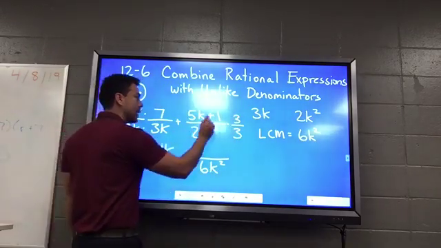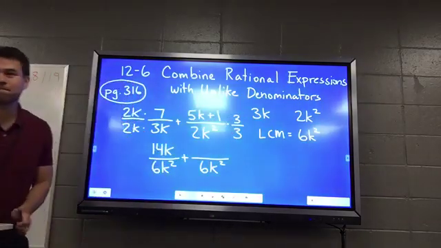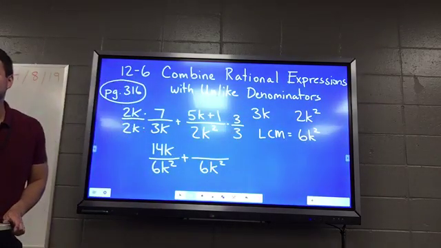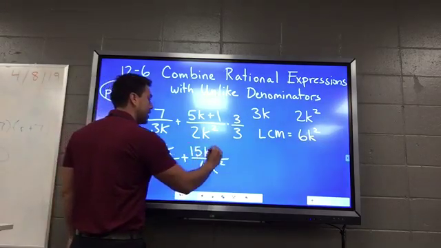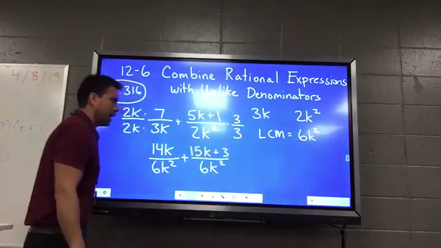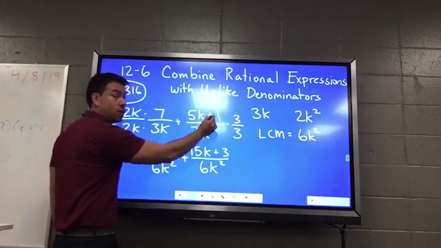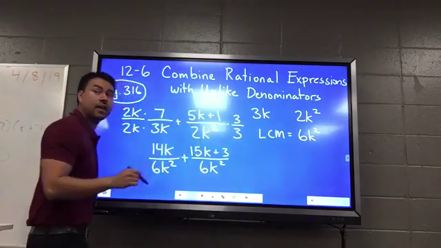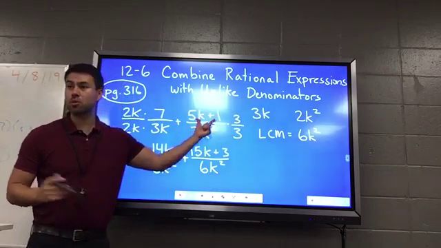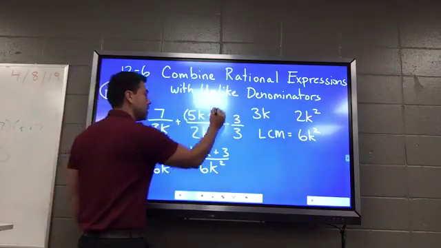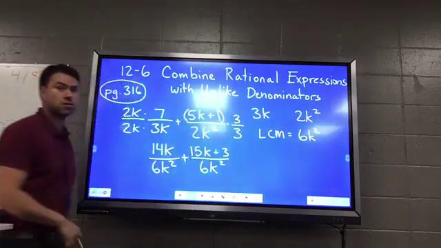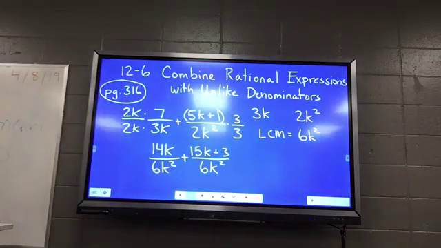What's 3 times 5k plus 1? 15k plus 3. Good. Wait, I thought you just do the 3 times a 1 or the 3 times a 5k. But remember, this is a sum. So what do you do with sums? You keep them together. So it's really 3 times both of those. It's distributive property. We get 15k plus 3.